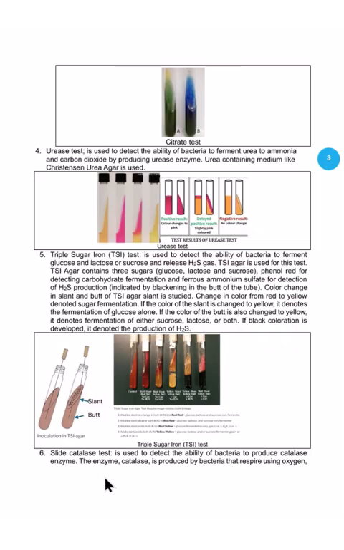The sixth test is the slide catalase test, and in this test, we are testing if the bacteria has the enzyme catalase. The enzyme catalase is usually used by the aerobic bacteria that utilize oxygen as a source of respiration, and utilize it in other types of metabolic activities within cells.